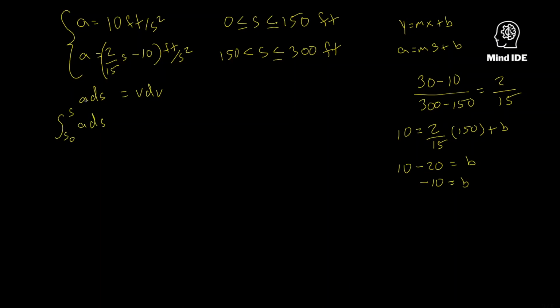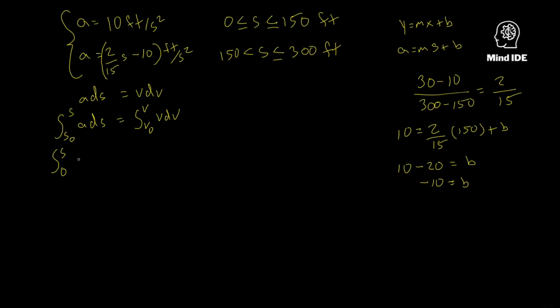What I'm doing here is the acceleration integral with respect to s, your position, equals the velocity integral with respect to velocity, so the change in velocity basically. And we know from 0 to 150 feet, s naught is 0, because our starting position is 0.